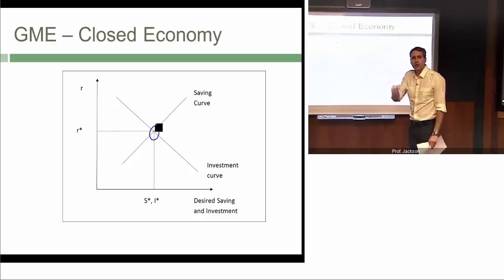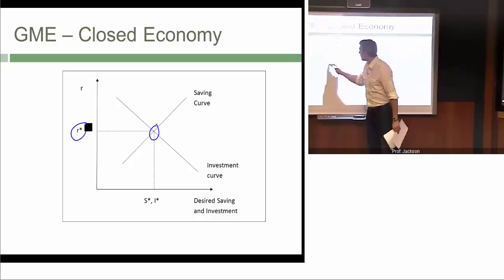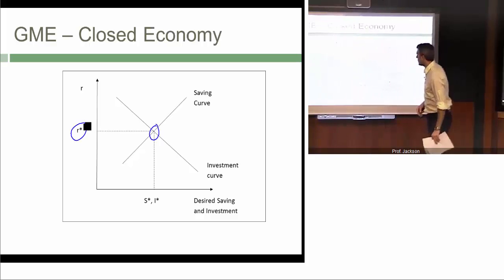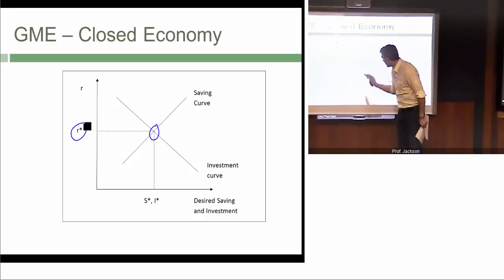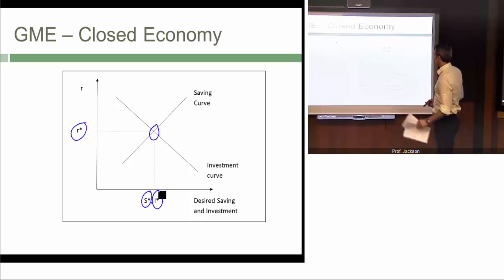Output is equal to consumption plus investment plus government spending, for the exact reasons that we just talked about. At that goods market equilibrium, the equilibrium real interest rate is R star that we're assuming here. And at that equilibrium, saving is exactly equal to investment. So that's our goods market equilibrium in this framework.